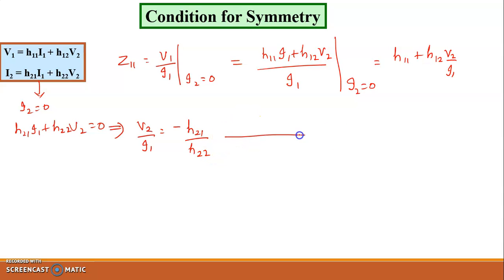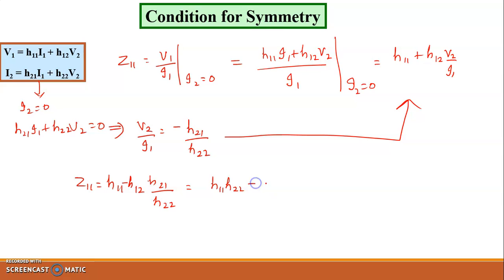Substituting this in the equation, Z11 is equal to H11 minus H12 times H21 divided by H22, or (H11 H22 minus H12 H21) divided by H22.